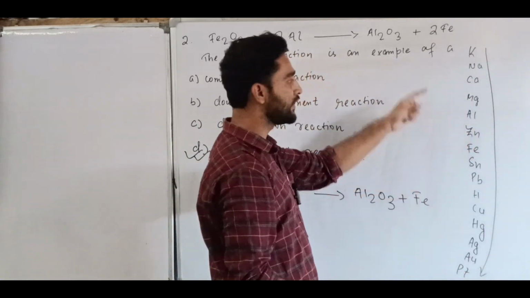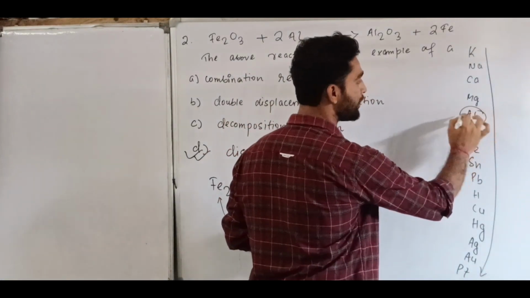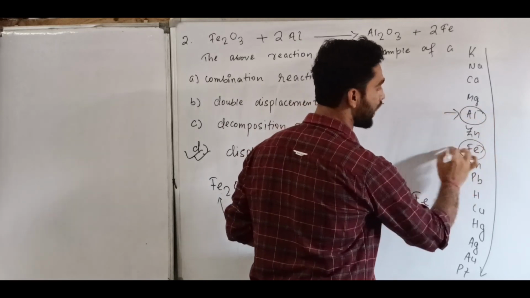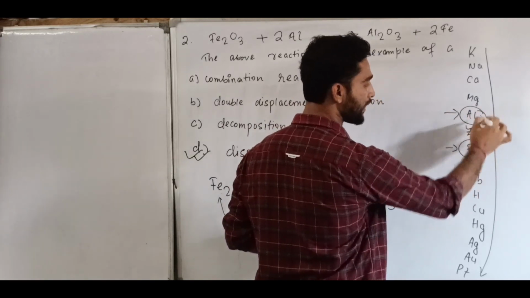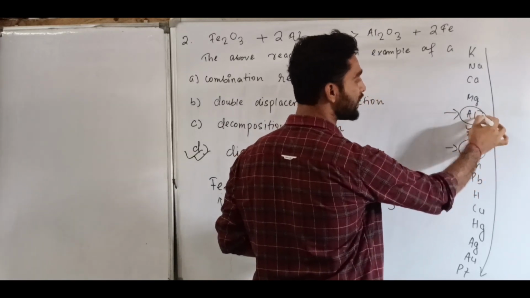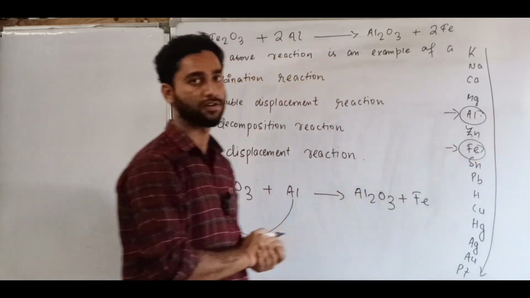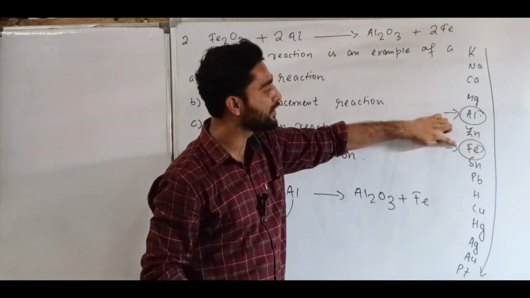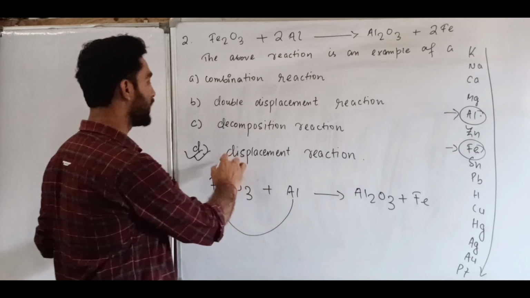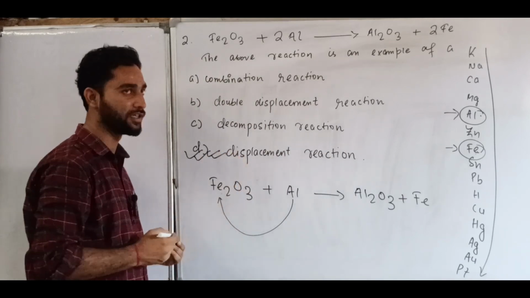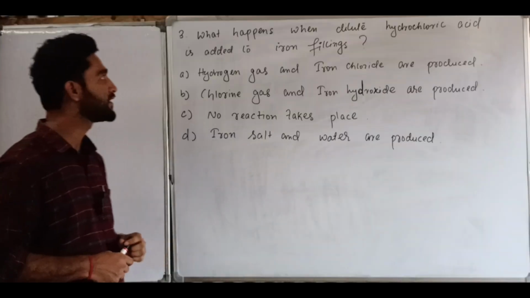See, in this reactivity series, the aluminium is placed above the iron. So aluminium is more reactive than the iron. That is why this aluminium could easily displace this iron. So that is why it is an example of a displacement reaction. Now let's see the third question.